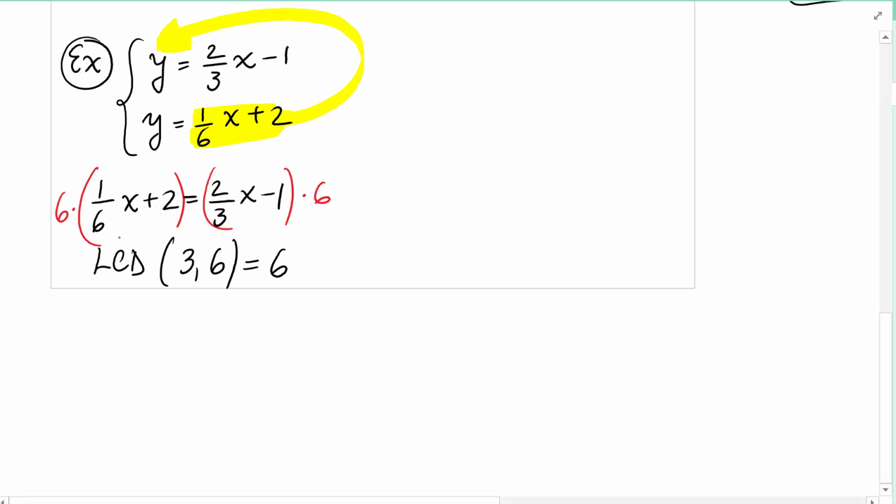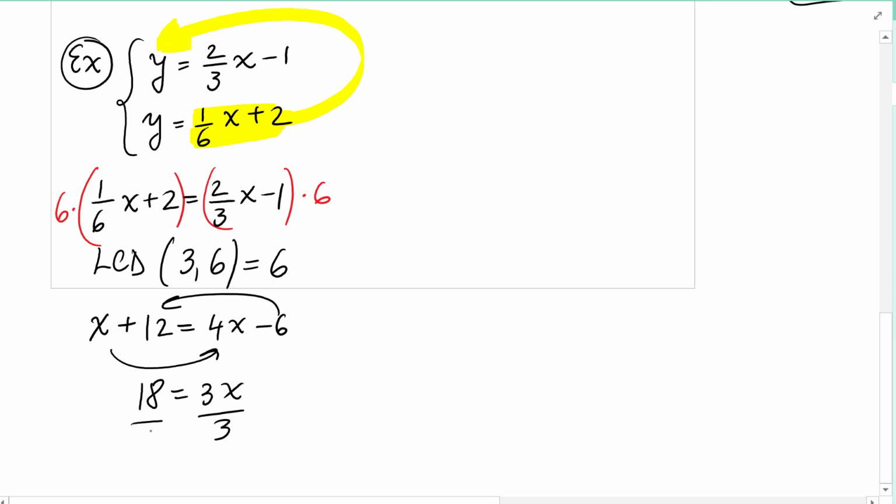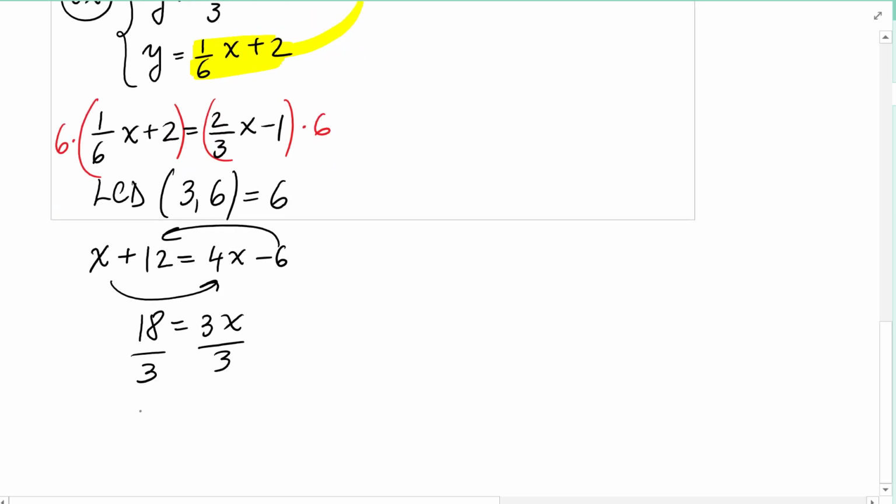So 6 times 1 over 6 is 1, so we get x, plus 6 times 2 is 12. 2 over 3 times 6, that's 4x, and then minus 6. So I'm going to move this x to this side and the number to this side, so we get 18 equals 3x. If we divide by 3, we get that x equals 6.